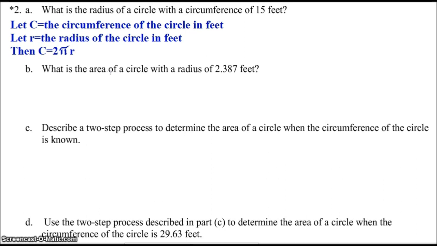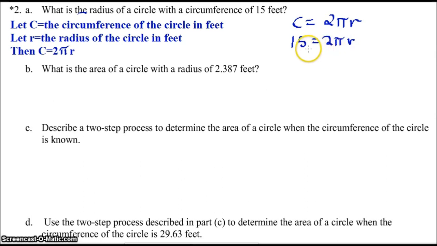So now, starting with our formula, c equals 2 pi r, and we know that the circumference is 15, then we know 15 is equal to 2 pi times this particular radius we're interested in.